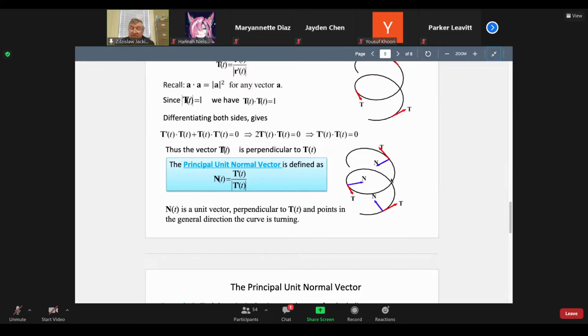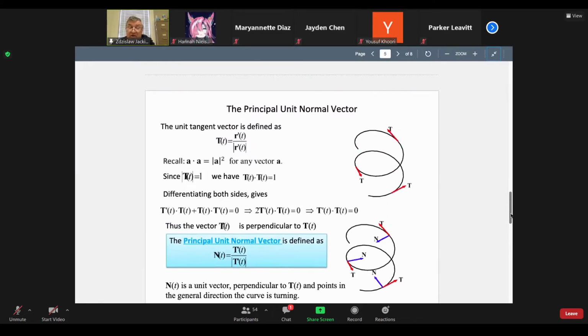So here we have the tangent vector and the normal vector. They are, of course, perpendicular, orthogonal to each other. This is a picture in 3 dimensions, so it does not look like a right angle, but it should be a right angle between this and this.